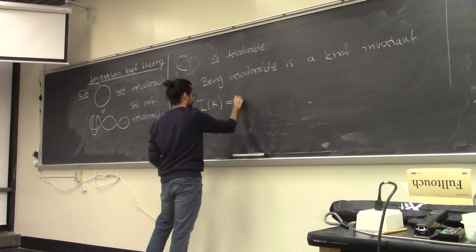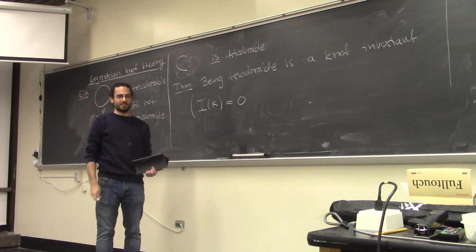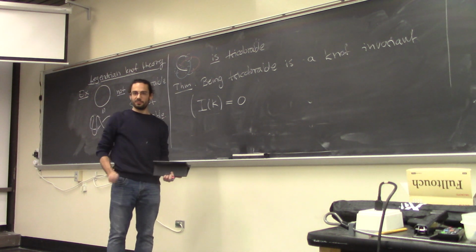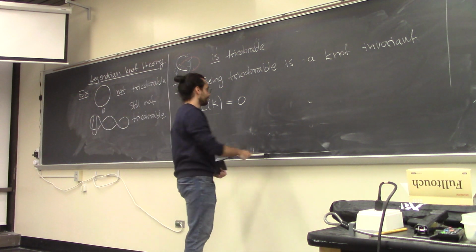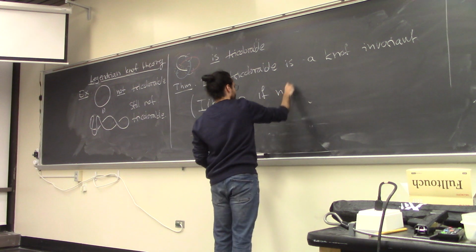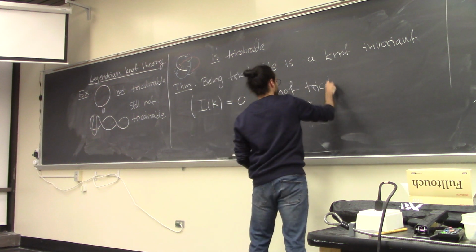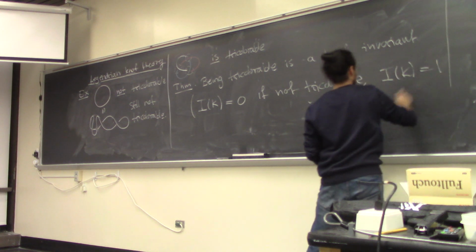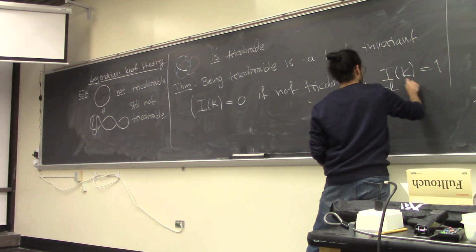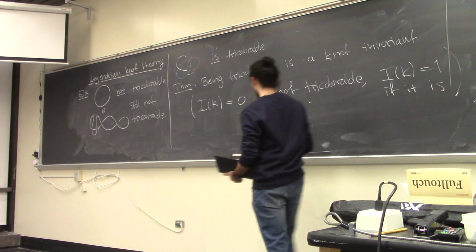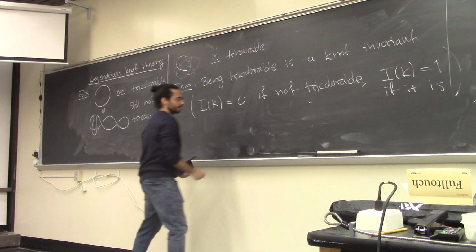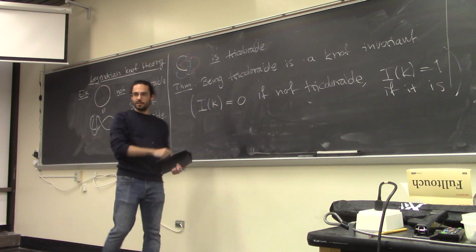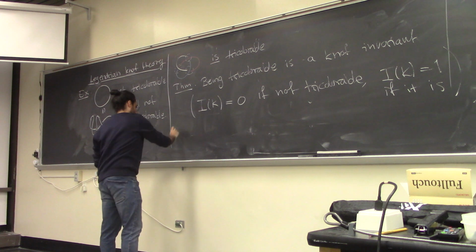I'm giving it the value of like true or false. So maybe 0 if it's not tricolorable and 1 if it is. That's my invariant. And okay, so it's a theorem that it's an invariant. Okay.